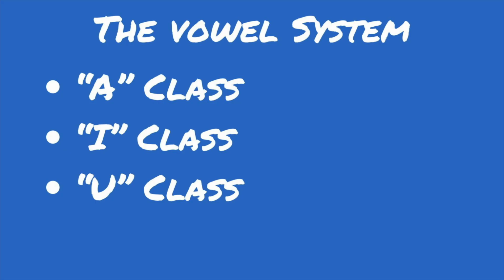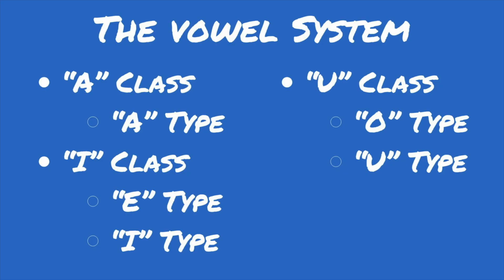As you can see from the chart, all of the vowels except for shva are organized by class, type, and length. There are three vowel classes, A, I, and U. Vowels of the A type all belong to the A class, as I mentioned earlier. The I and U classes of vowels are each divided into two types. In the I class, there is the E type and the I type.